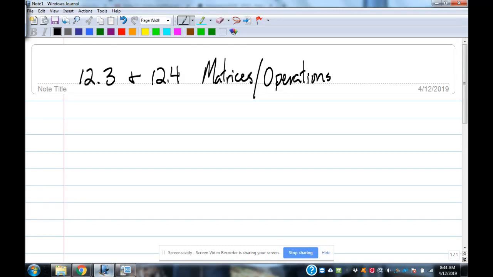All right, so matrix operations, the thing we're going to talk about is the determinant of a matrix. When you're dealing with a determinant, it's like a property of a matrix.